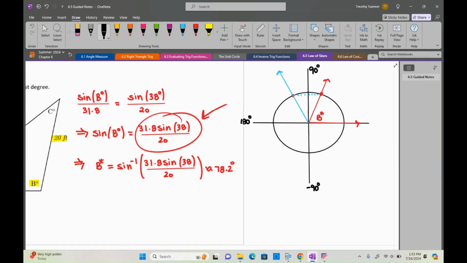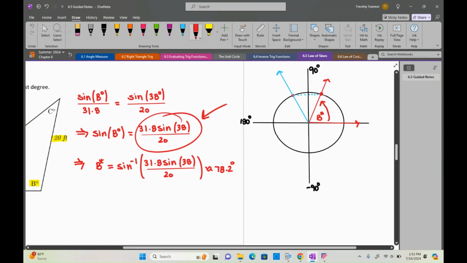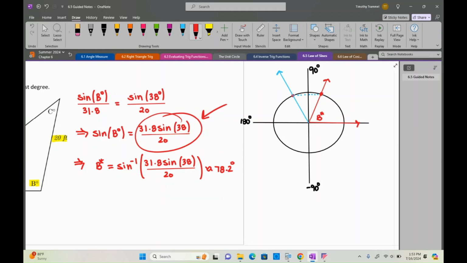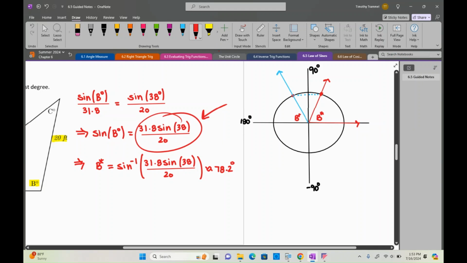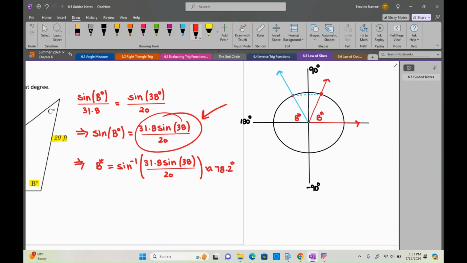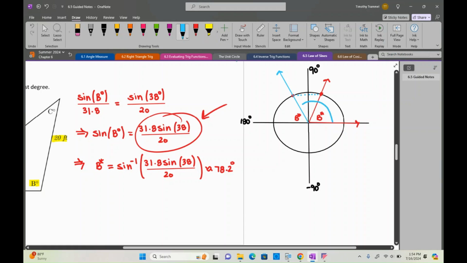And I also want you to see something else: this angle B star that goes from here to here is also the angle that is right here. So what I'm trying to tell you is that if we do 180 minus B star, we'll end up with the angle we want, which is this one.